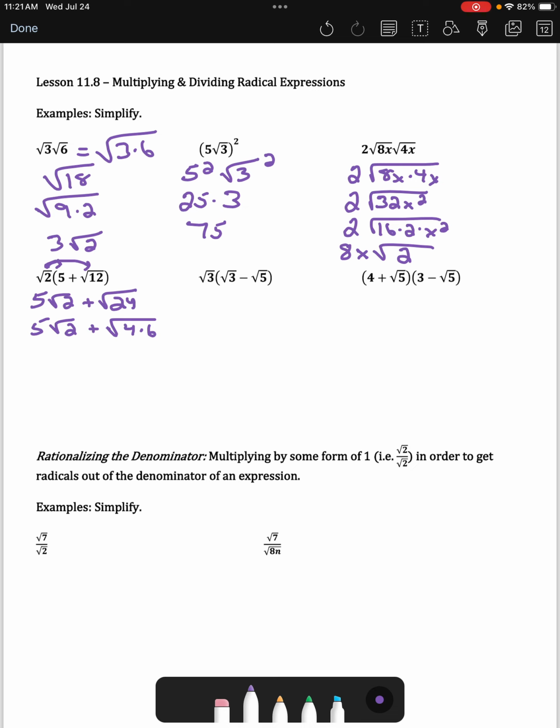Yes, there are other facts that make 24, but the only one that involves a perfect square is 4. The 4 comes out as 2, the 6 is left behind. We can't actually combine these into a single term, and that's fine. We saw that happen in the previous notes. But we have distributed the root 2 and simplified everything we obtained.